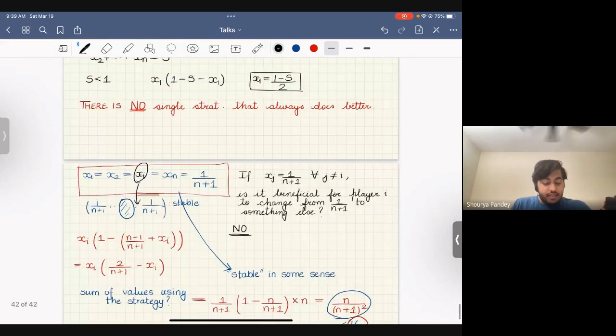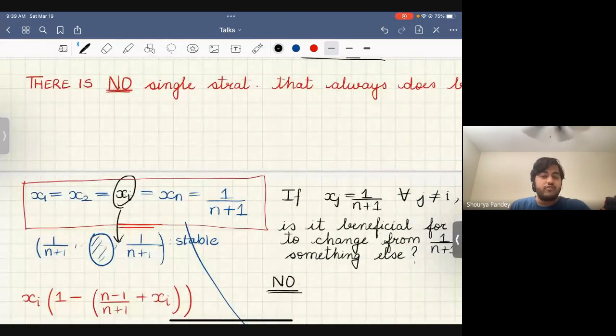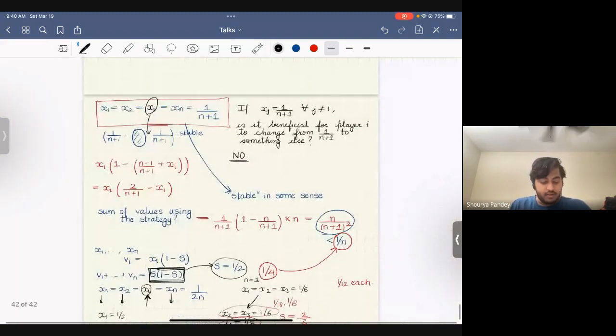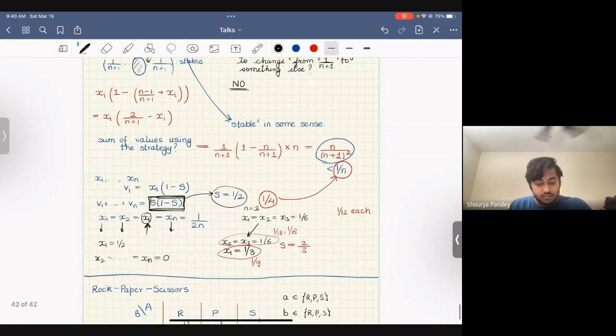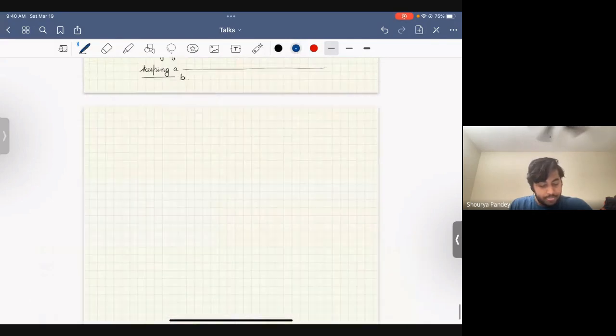Of course, this 1 over n plus 1 each is also prone to many problems, such as two players collaborating with each other, etc. But let's just keep this concept of stability and define that first, and then maybe if there is time, we can talk about those things.